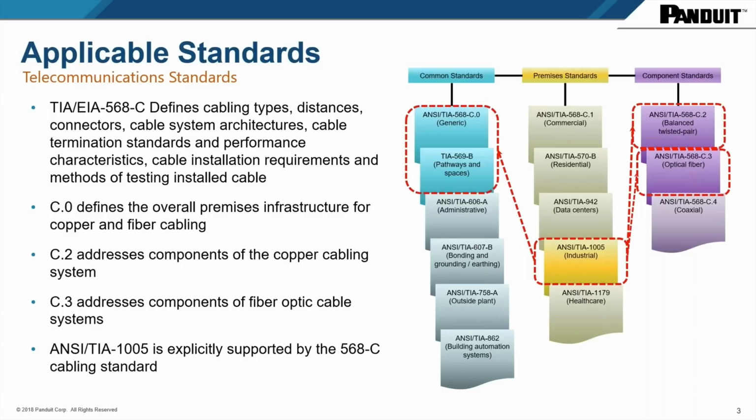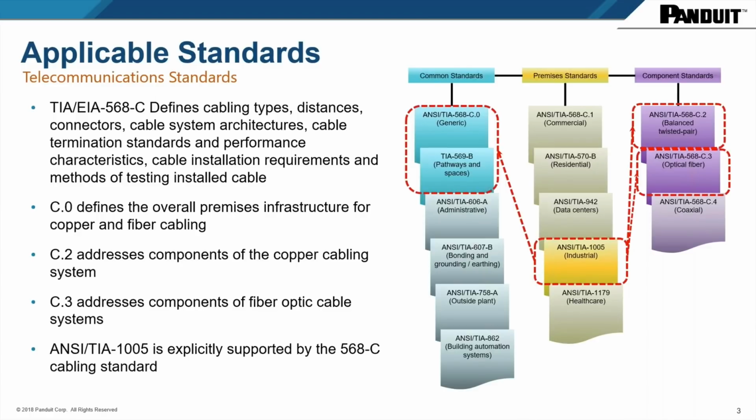Those standards basically are governed by a consortium that's called TIA in the Americas. It's also used and applied by European norms and international standards. But for the sake of this conversation today, we will only be discussing the TIA standards.